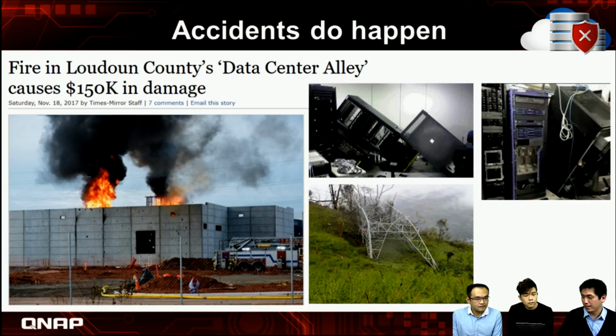All this disaster will damage our IT server room. Then what happens? If you have only a local backup, you cannot protect your data center when all this disaster happens, because it's broken. You cannot protect it.